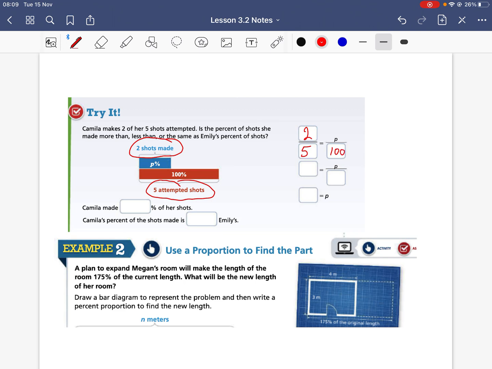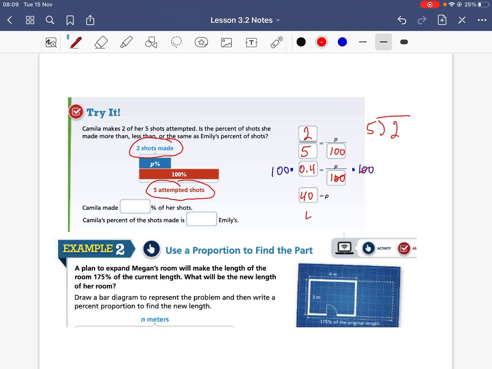So when we go ahead and simplify, 2 out of 5 is 0.4. Remember, that is 2 divided by 5 using our ice cream method. And P is out of 100. So we multiply both sides by 100. So P is 40.